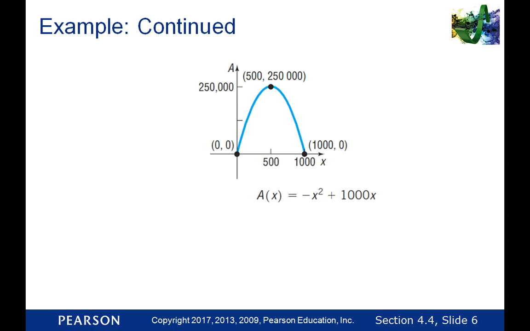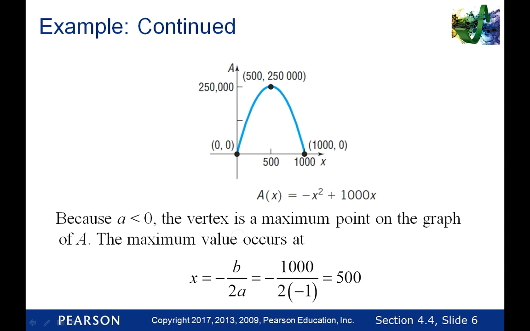And then we take that and find the vertex by using the formula, negative b over 2a, same formula from before: negative 1000 divided by 2 times negative 1, it's going to be positive 500. That's the x value. We just need to find the width value, to find the dimensions that maximize it.